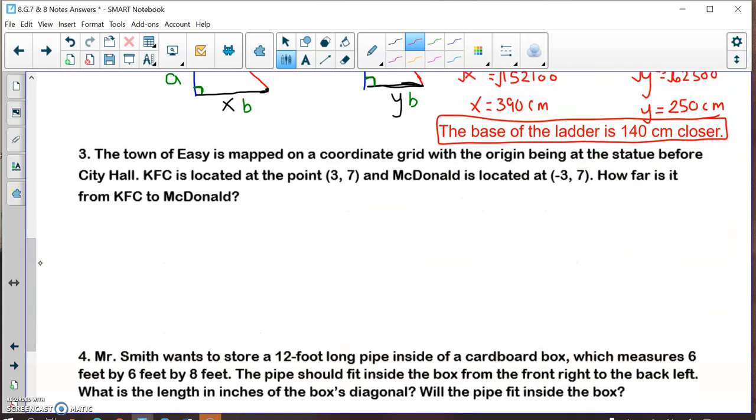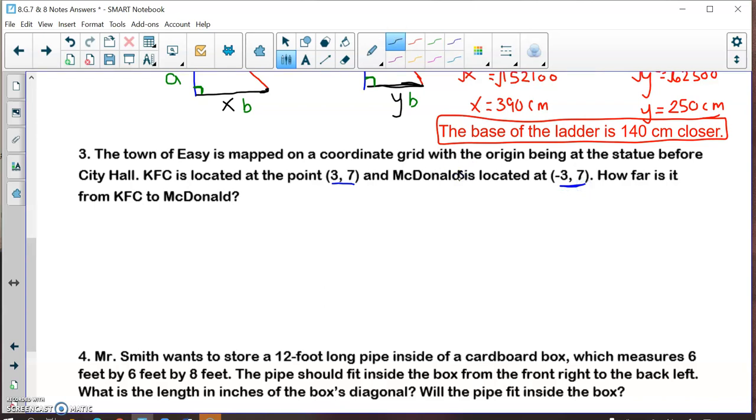I have the town of Easy mapped on a coordinate grid with the origin being at the statue before City Hall. KFC is located at the point (3, 7) on the coordinate grid, and McDonald's is located at (-3, 7), and this should say McDonald's.